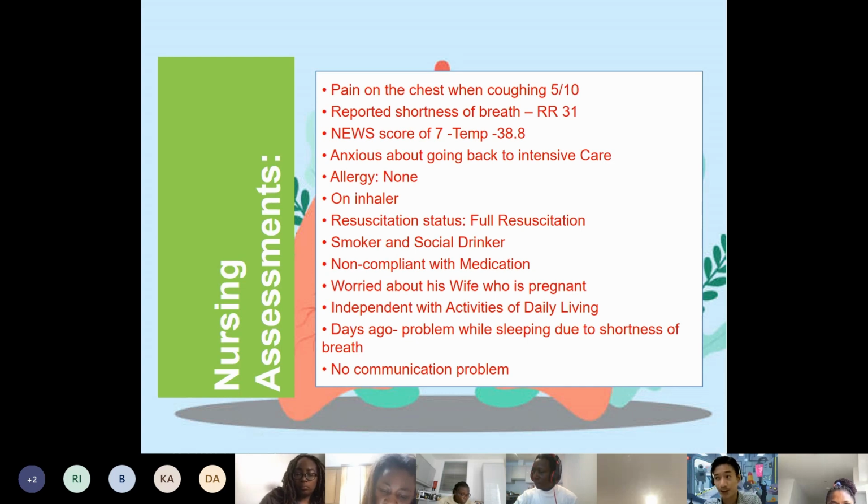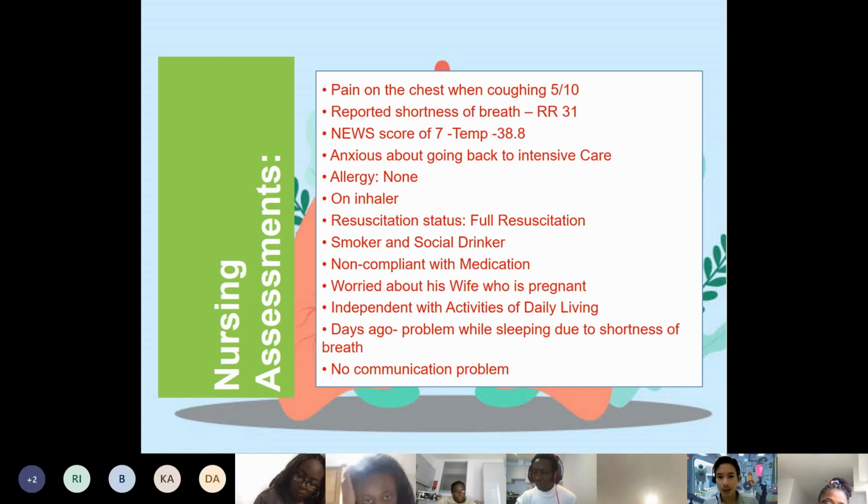He is independent with activities of daily living. Then for days, he's been complaining of difficulty sleeping, or interrupted sleep, because of the shortness of breath. I believe the reason behind it is John cannot lie flat, and he wakes up in the middle of the night. And he doesn't have any communication problems. So these are your assessment findings. When you do your assessment on examination, this might be what you find.